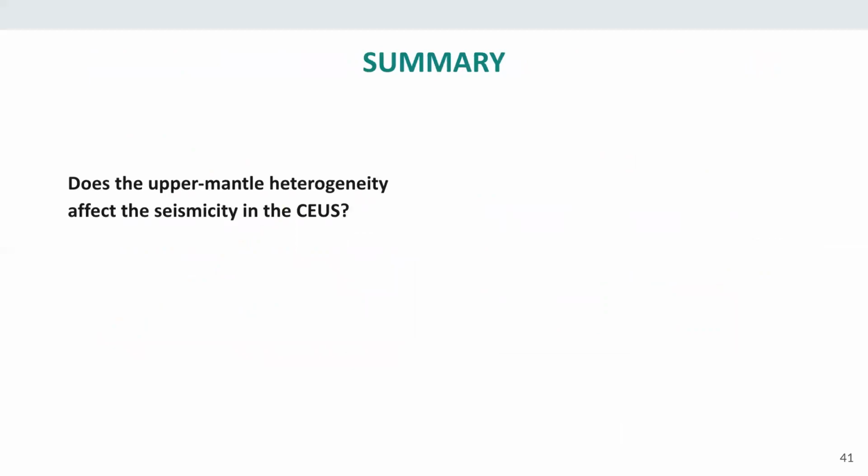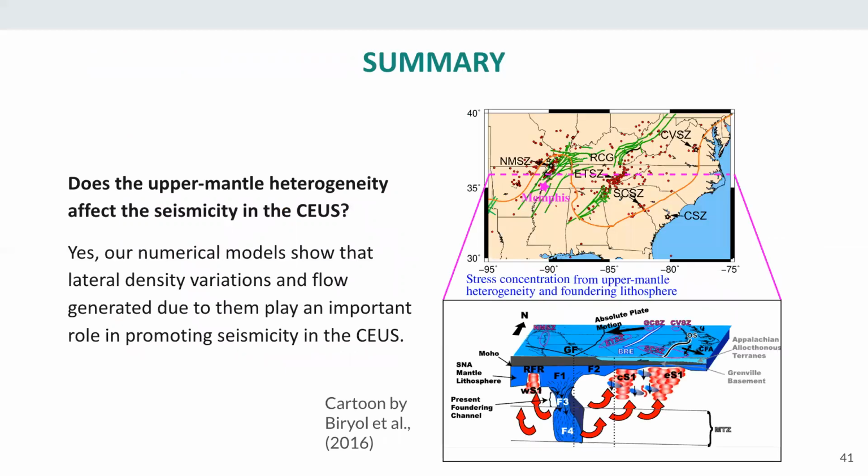In summary, if the upper mantle heterogeneity concentrates stresses and leads to earthquake generation in central and eastern US, we show from our models that yes, there is a positive correlation between the lateral density variation and the observed seismicity on the surface at central and eastern US.